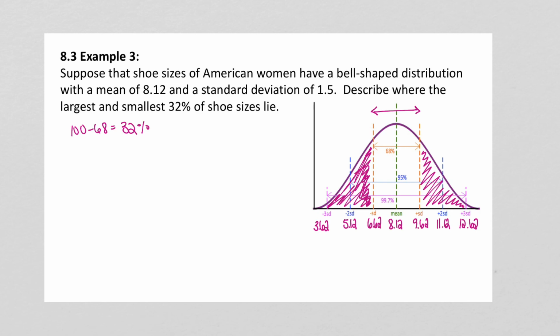So it looks like the largest and smallest 32% is below a shoe size of 6.62 and above a shoe size of 9.62.